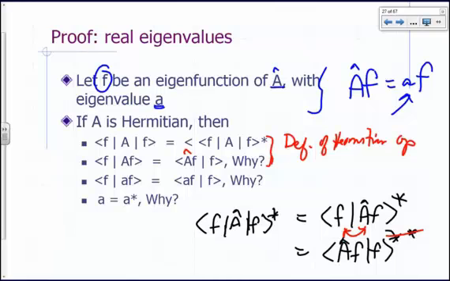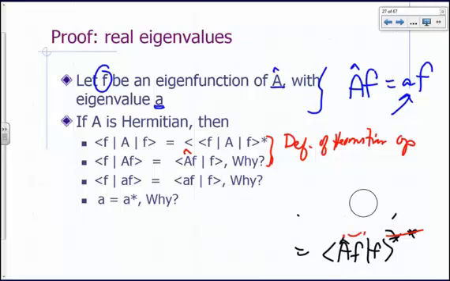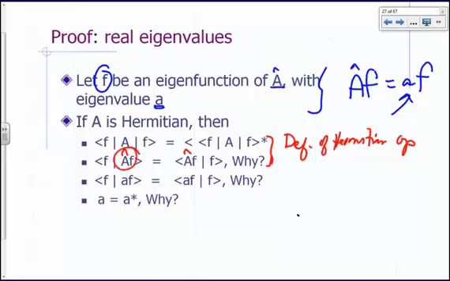So if that's the case, what happens to the left side? What's A hat applied on f? It gives you little a times f, where a is the eigenvalue. And what is A hat applied on f on the right side? Also little a times f.